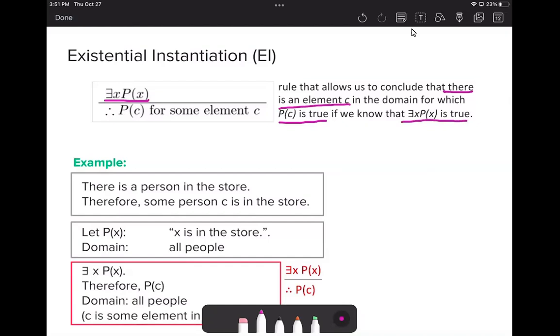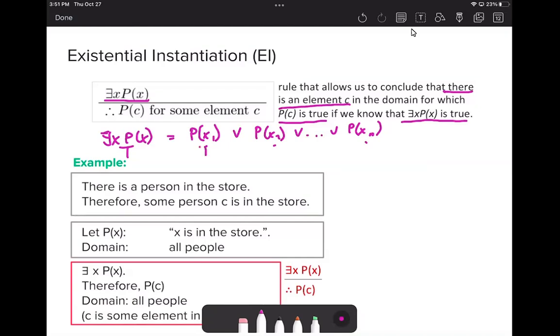Do you remember again that there exists x, p of x can be written in the form of disjunction? For instance, we have p of x sub 1 or p of x sub 2 or until p of x sub n.